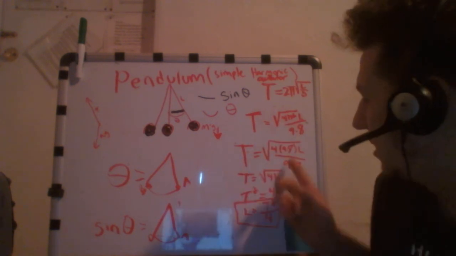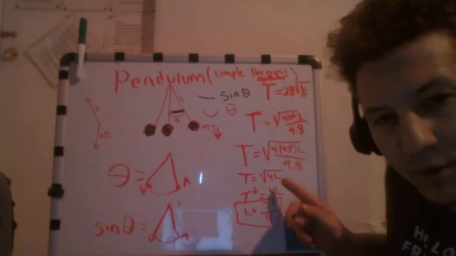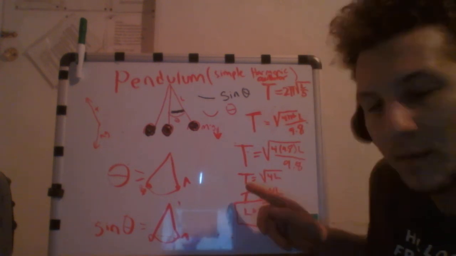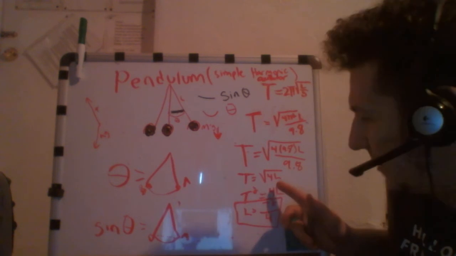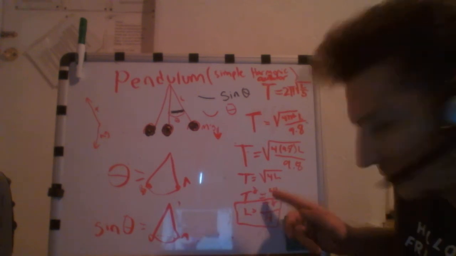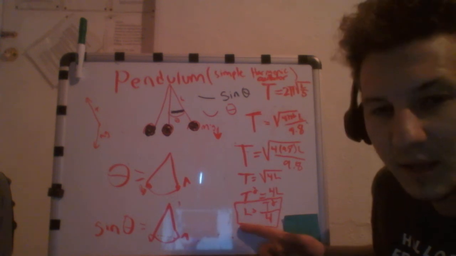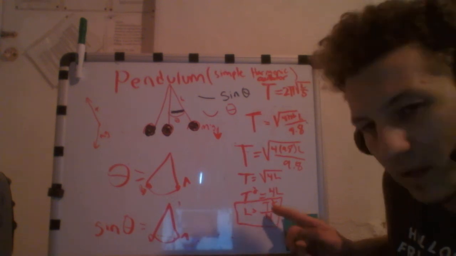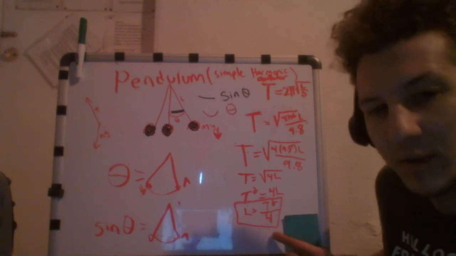So you can cancel the 9.8 on both the numerator and the denominator and end up with the period equals the square root of 4 times the length. And so if you square both sides, divide by 4, you can get the length by taking the average time it takes for the period squared divided by 4.